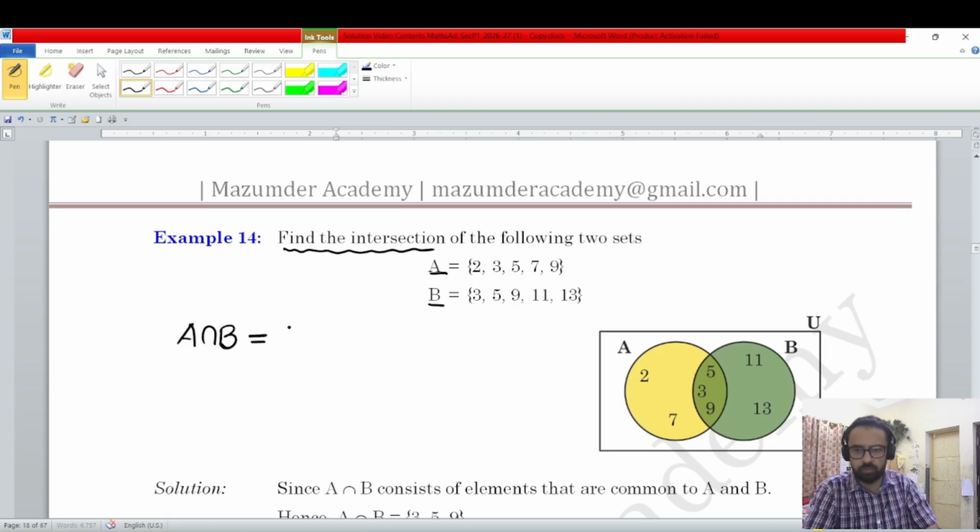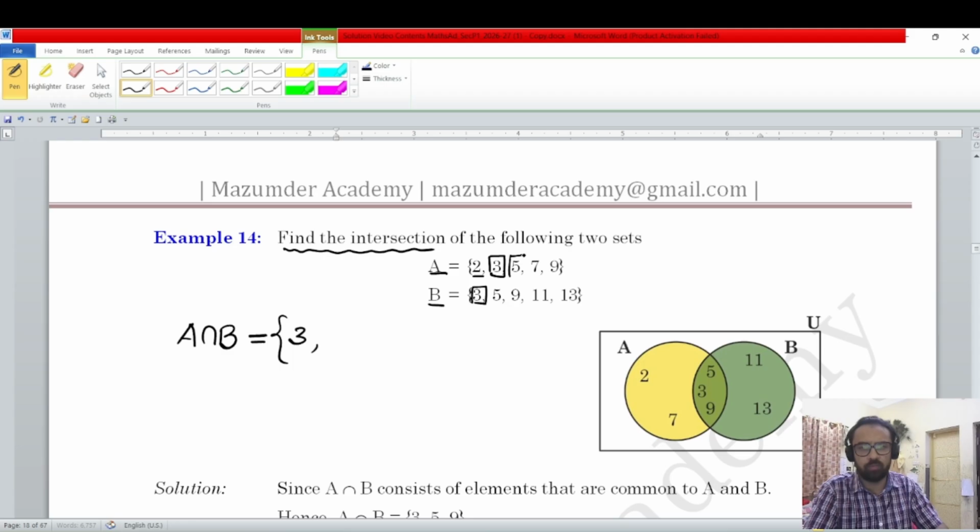A intersection B will be all those elements which are common. Suppose 2 is in A but 2 is not in B. Therefore, 2 will not come in the intersection. 3 is in A and 3 is also in B. Therefore, 3 will be there in the intersection.